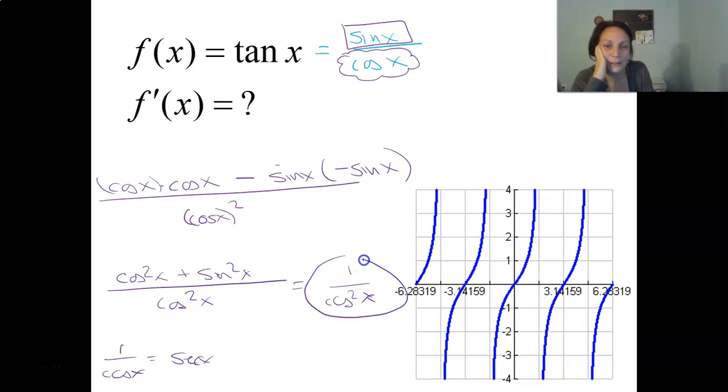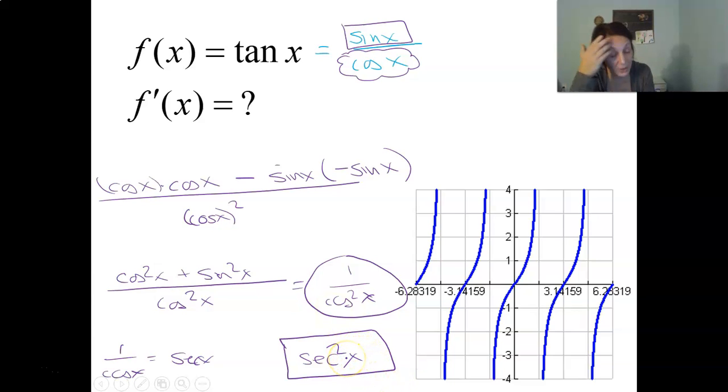I can rewrite this as secant squared x. Do I have to? No. But guess what? Now that I know what the derivative of tangent is, I'm never doing what we just did again. Because I now know that the derivative of tangent is secant squared. So if that comes up for me, I don't need to do this again. It's just another one I can put in the bank. I know that the derivative of sine is cosine, the derivative of cosine is negative sine. Now I know that the derivative of tangent is secant squared. Woo, woo.